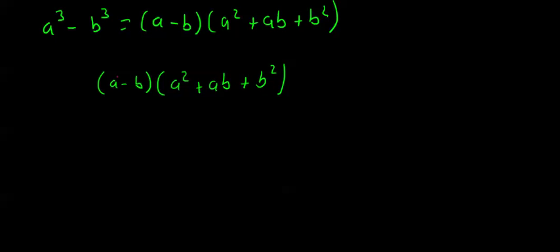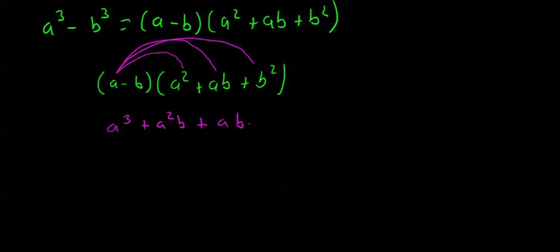So we'll take a times a squared, a times ab, and a times b squared. And we get a cubed, a times ab plus a squared b, plus a times b squared is ab squared. And then we can take negative b times a squared, negative a squared b, just writing it in a different order.